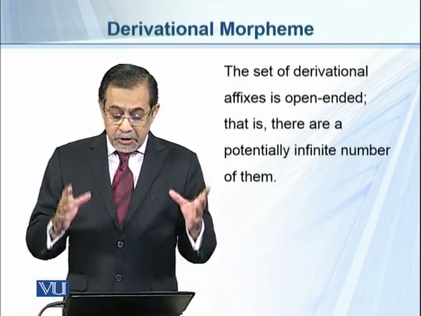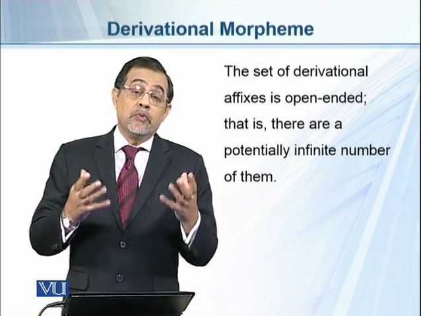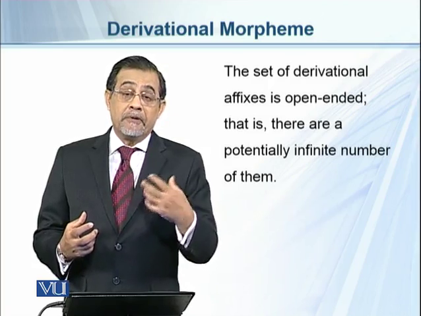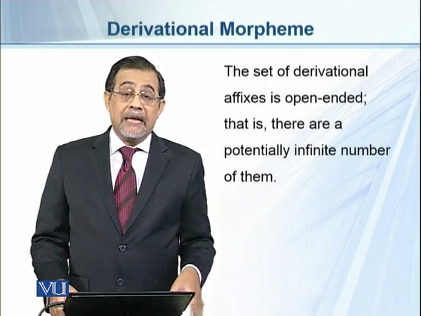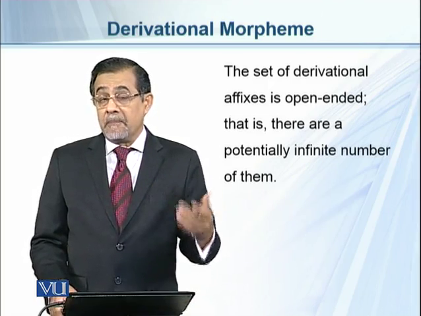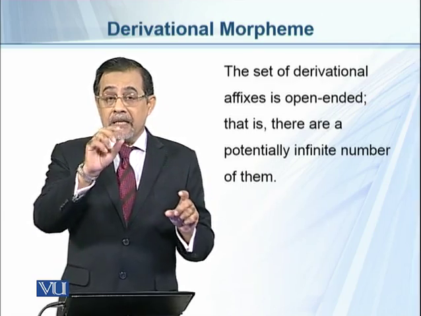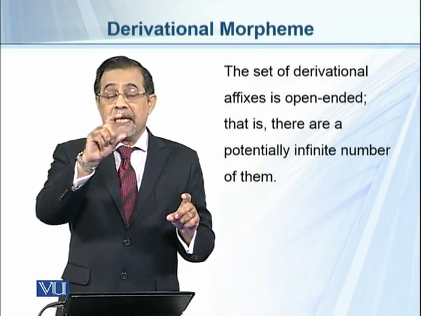So there is a potentially infinite number of them, as new derivational morphemes can be added to a language. However, as I said, at a certain time their number is countable and limited.